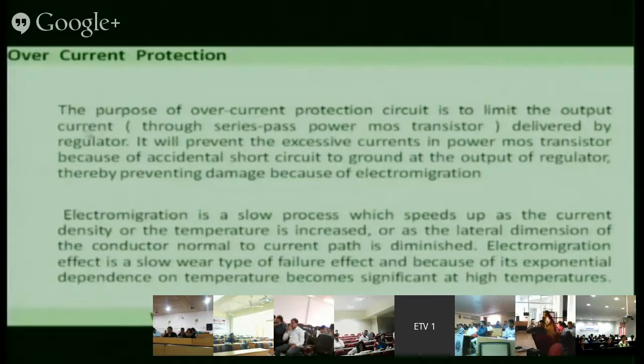Electromigration means, because metal lines are made of aluminum, if more current flows, some of those aluminum atoms are taken off. There is a heavy rush of current, so some of the aluminum atoms are taken, and so there is a void in that.